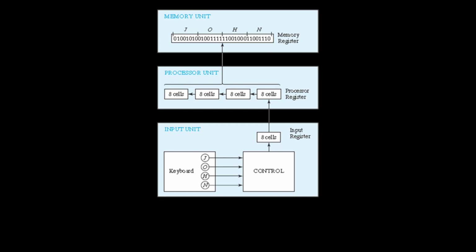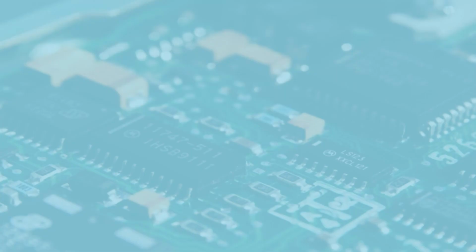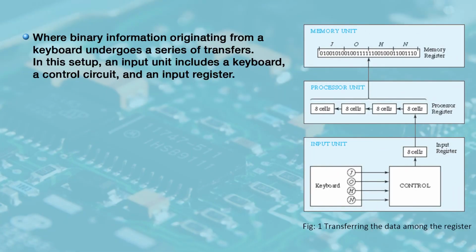This transfer can be direct from one register to another or may involve passing through a data processing circuit to undergo a specific operation. Visualizing this process, consider figure 1, where binary information originating from a keyboard undergoes a series of transfers.